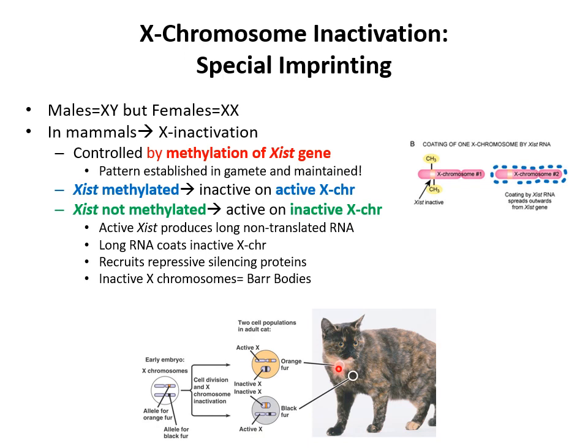The other one is coated by Xist and turned off. Whereas in another cell, not far away from the orange fur cell, the opposite X can be the one that has been inactivated. So instead, in this cell, orange has been inactivated, and the X with a black fur allele is active. And so that's why you see that speckled pattern on some of these calico cats.